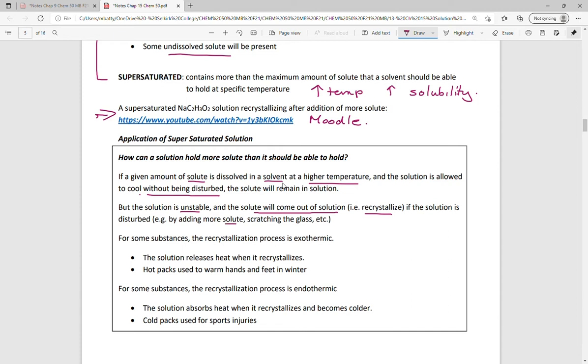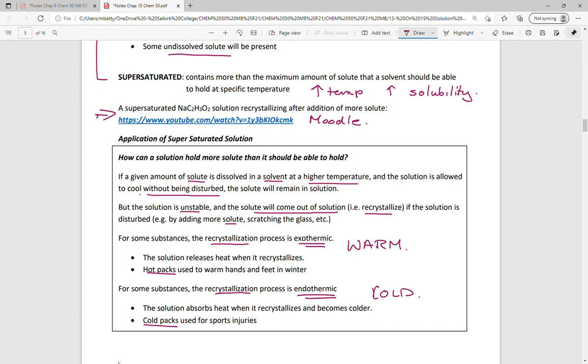if you think of the heat pads, like hot packs and cold packs, the ones that you kind of hit to activate, they're using a supersaturated solution. Some of them, the recrystallization process is exothermic, so that makes it warm as the solution recrystallizes, or if that recrystallization process, that physical change is endothermic, those are going to be the cold packs that you smack to activate.